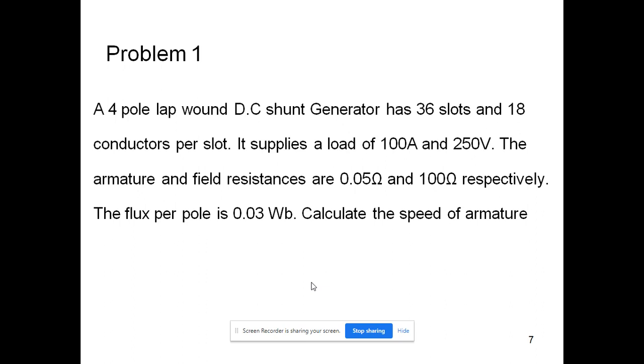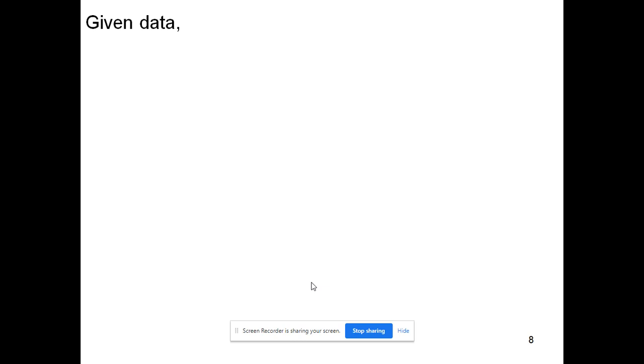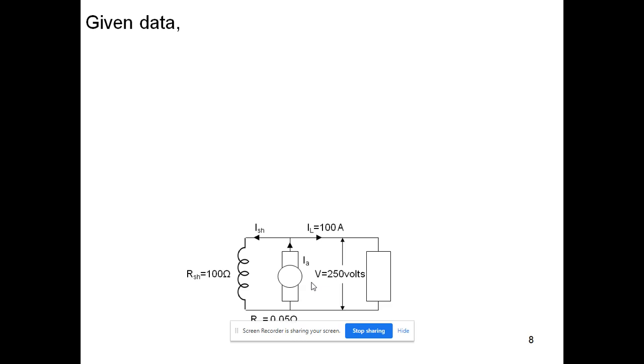Students, study this problem clearly and identify what is the given data and what we have to find. Let us see the given data in the problem. It is mentioned that it is a shunt generator.